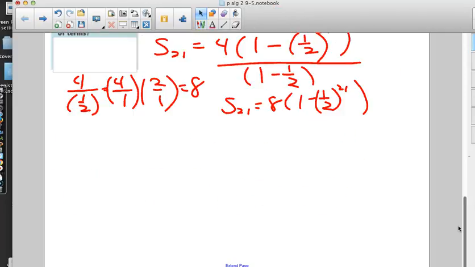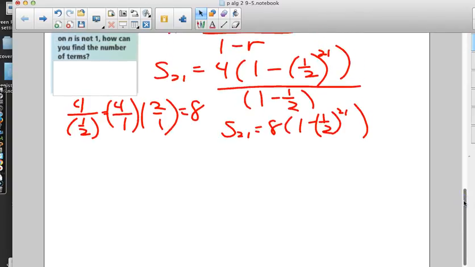Now, if you're saying, I don't want to do any math in my head and I'm going to punch this all in, well, let me show you how many sets of parentheses you would need for the calculator to do that right. That's a lot of parentheses. So be very careful. 8 parentheses, 1 minus parentheses, 1 divided by 2 parentheses, to the 21st power parentheses.